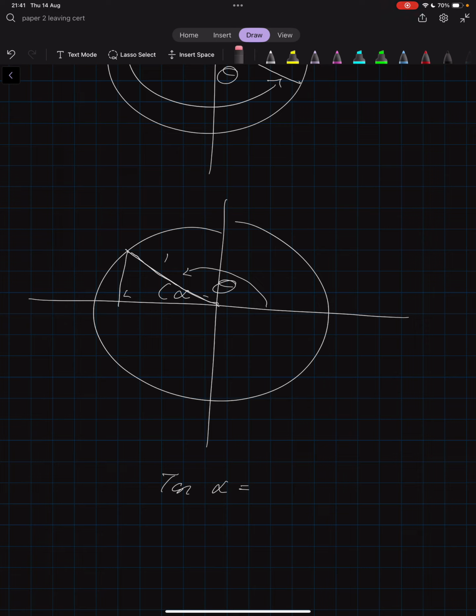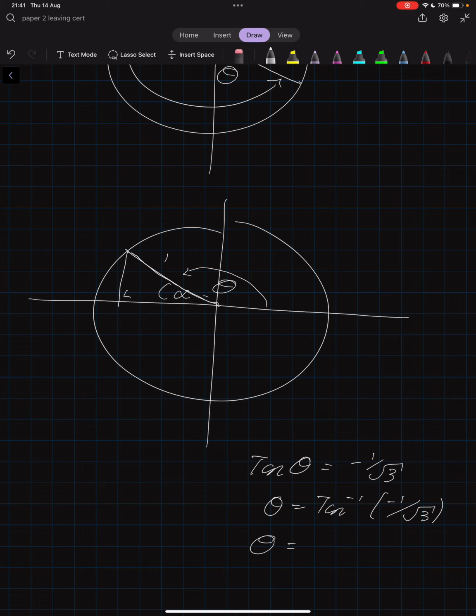No, sorry, that's really stupid logic. If I just start off with tan theta, just to keep this simple, tan theta is equal to minus 1 over root 3. Theta is tan minus 1 of minus 1 over root 3. Theta is going to be equal to 30 degrees.